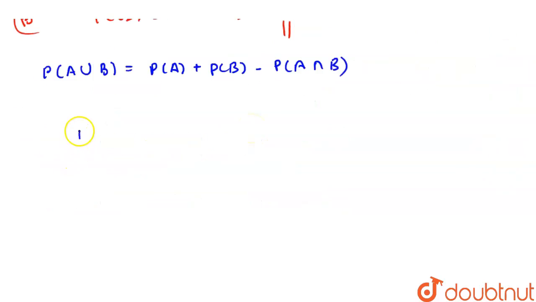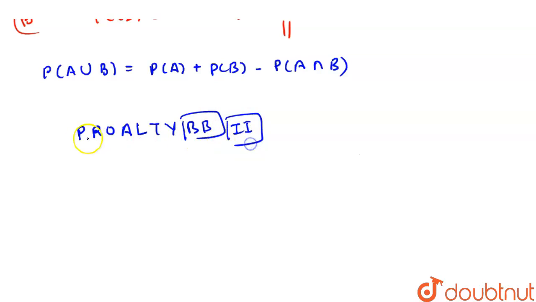For PROBABILITY, we are fixing the positions of BB and I. Now the total number of alphabets is 1 2 3 4 5 6 7 8 and 9, and no one is repeating because they are already fixed. So 9 factorial, and these are the favorable outcomes.